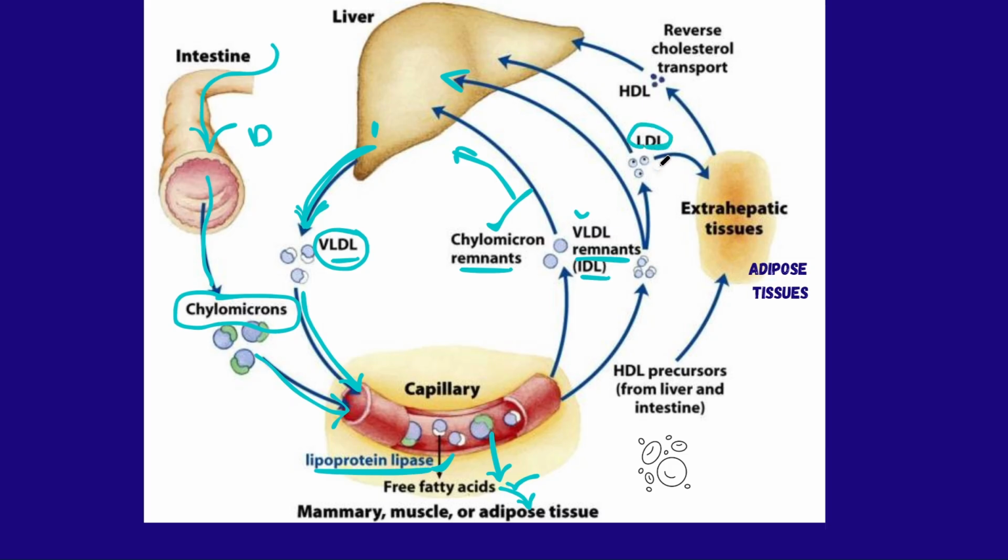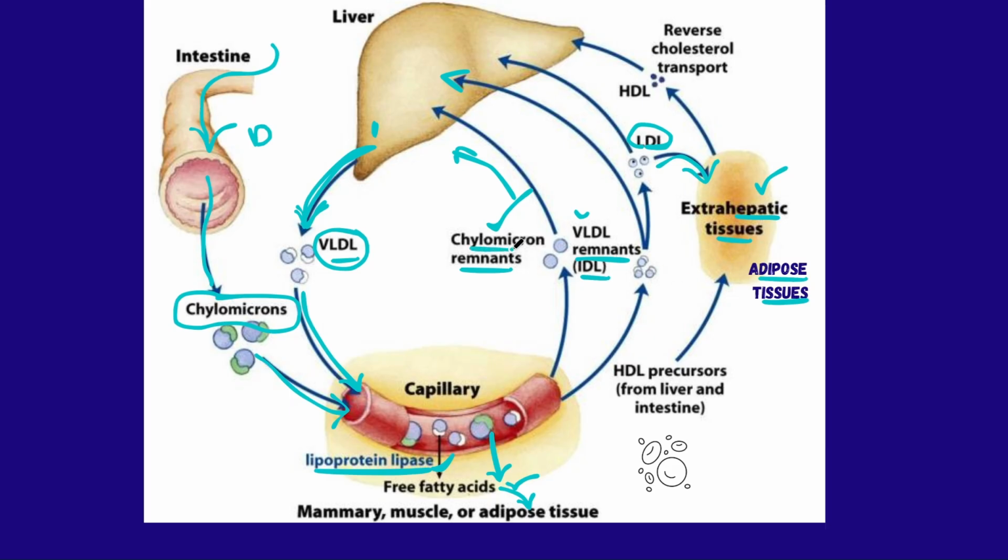Okay, this LDL is again transported to the extrahepatic tissues. That means some of the tissues include the adipose tissues, muscles, etc. These are also leading to the storage of the fats. Okay, I hope you understand.